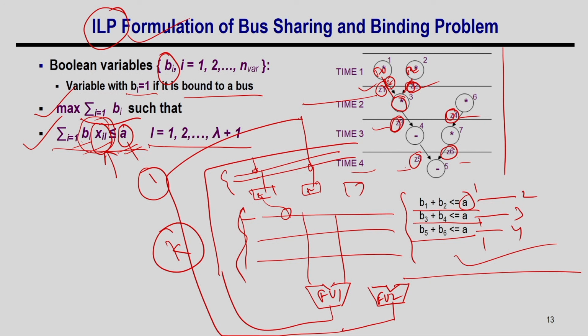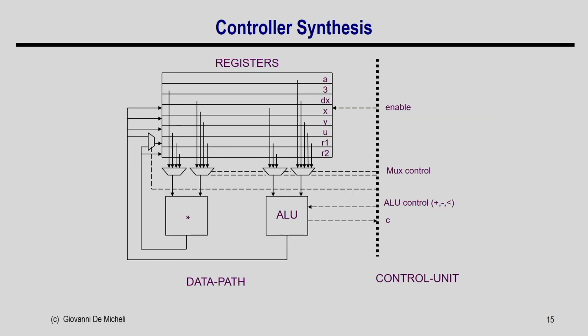Okay. So, now I will move on to the controller synthesis part. In the controller synthesis part, basically by this way you identify, let us say, the mux-mux connections, you identify the muxes and the exact connections, right. So, these are all identified, and the registers, everything is identified, the muxes needed at the input of registers, everything is identified, right.